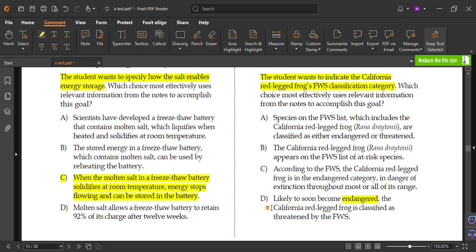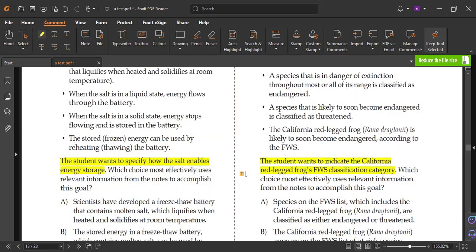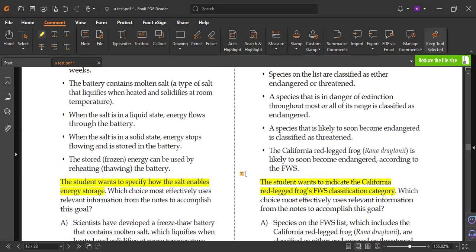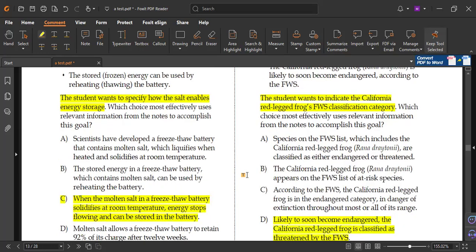The California red-legged frog is classified as threatened. Is this information already mentioned in the notes? Yes, that's why we take it. If it is not mentioned in the notes, it must be wrong. But all of them are mentioned, so what is related to the question itself?